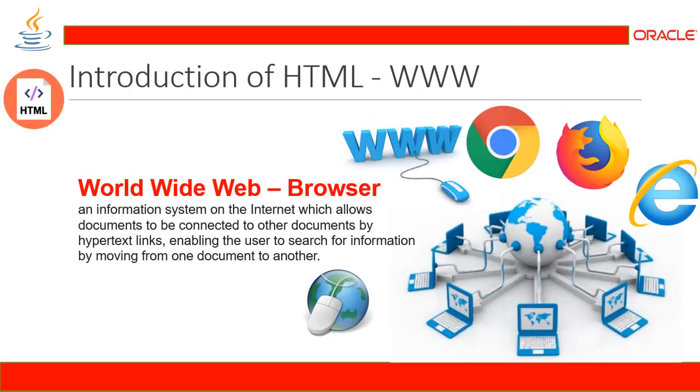Before we get into the hypertext markup language, first we have to understand the concept behind it and where it started. As you can see here, the entire world is connected with a hub and they are communicating with the help of a service called Internet Service Provider.